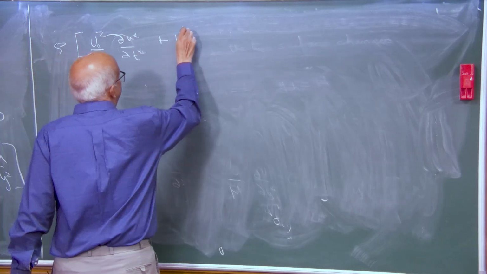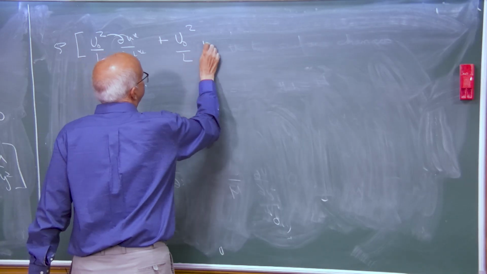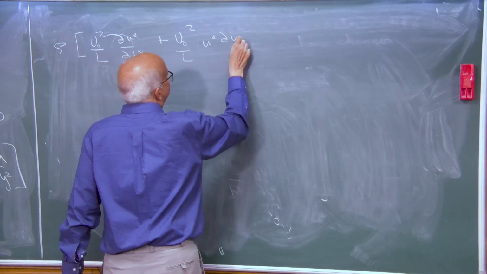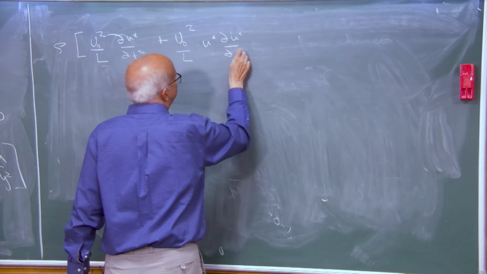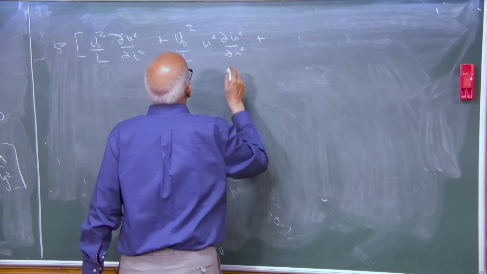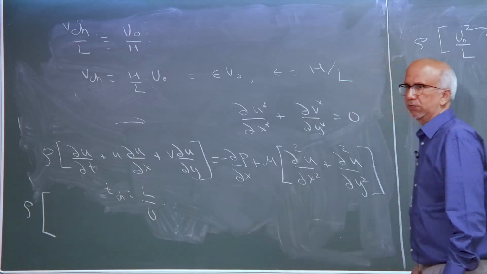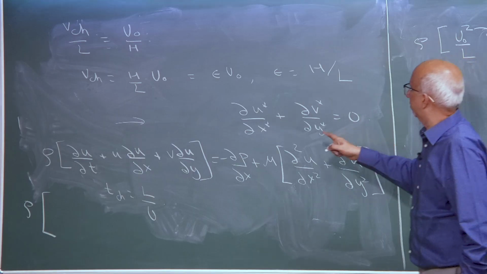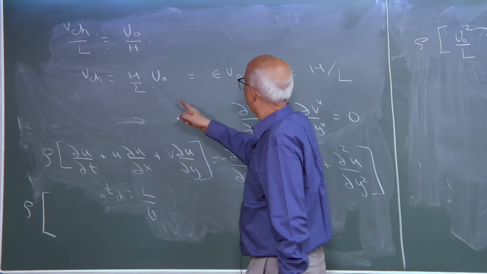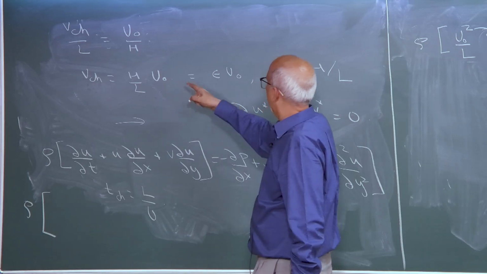So I get u naught squared by L, plus again the v characteristic comes out, but v characteristic is h by L u naught.